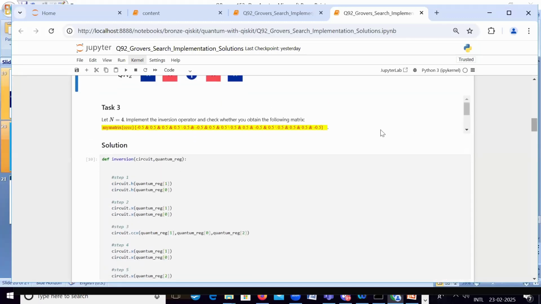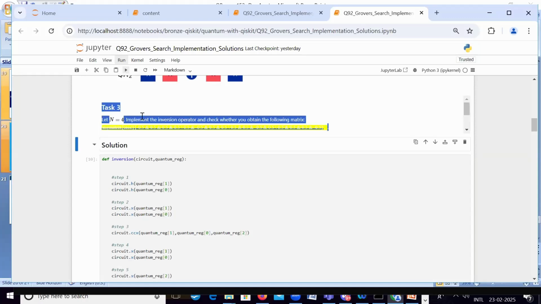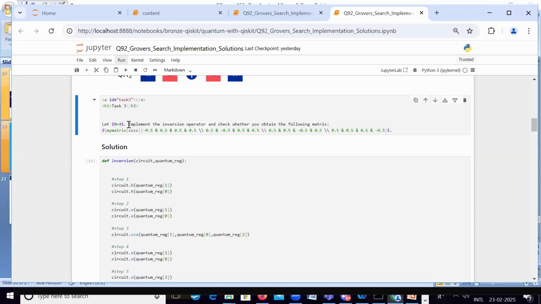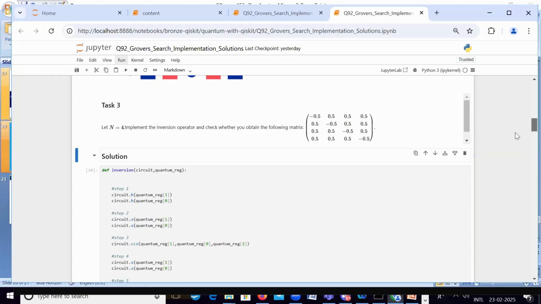And the next one, the task 3. Suppose there are n elements, an inversion operator is applied next to check whether we can obtain the following matrix or not.